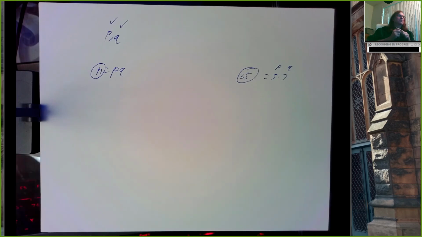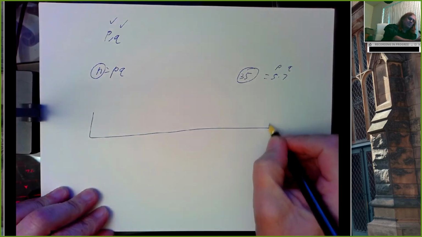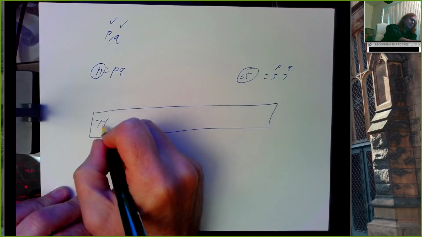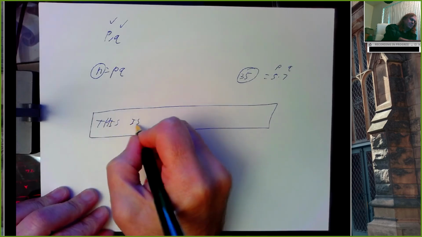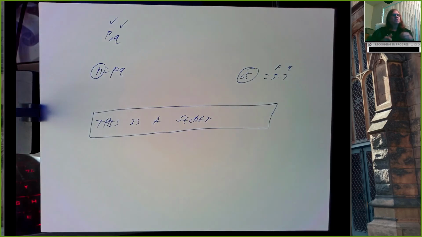So let me just get you started on this, and we'll work it all out next time. The first thing is, this works on blocks of text. So, this is a secret. We could break this into blocks of, say, 4 characters, or 4,000 characters, or something like that.